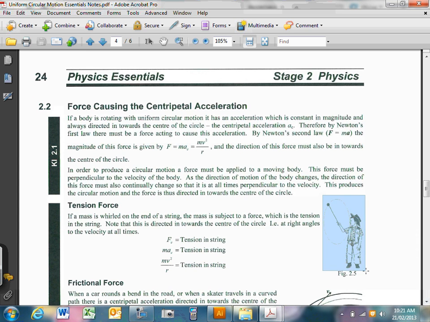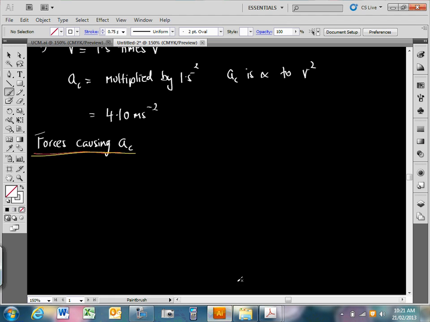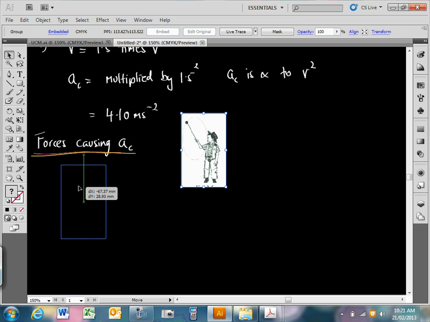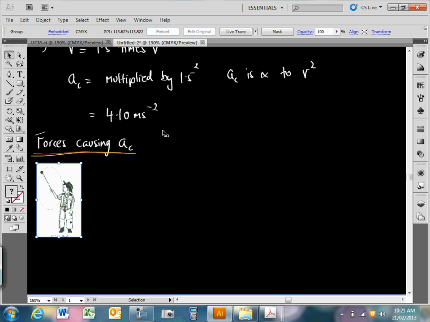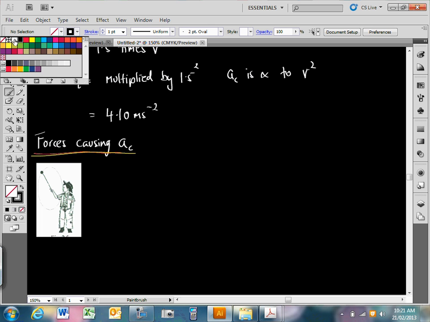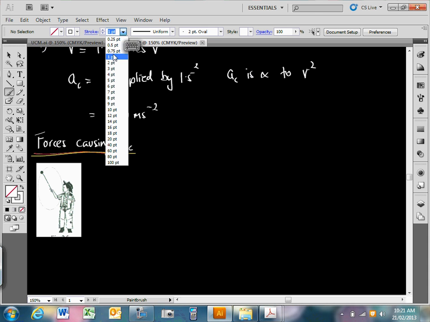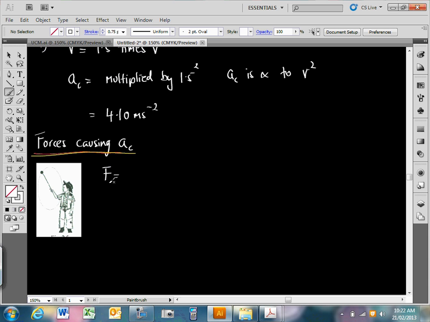You guys should draw these. This little boy is swinging some mass on the end of a string around. What's the force causing the centripetal acceleration? F_C equals m A_C, remember?